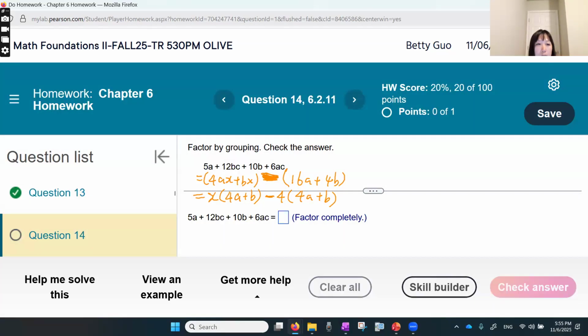Next, question number 14. Oh, I need to erase that again. So this one, we're gonna factor by grouping, 4 terms together. And the 5, 12, GCF is 1. Okay, hold on. 5 plus 6c.